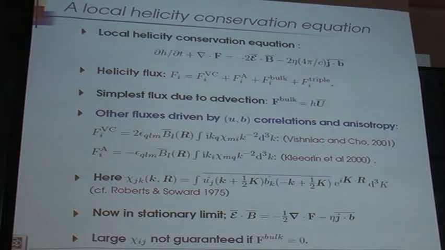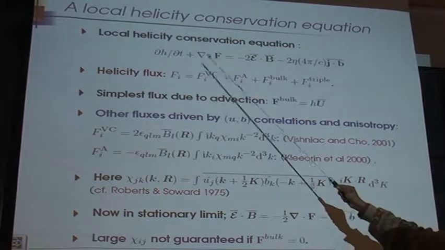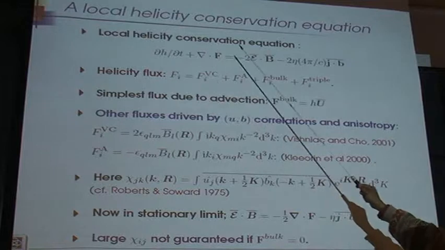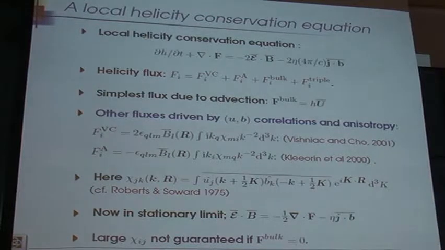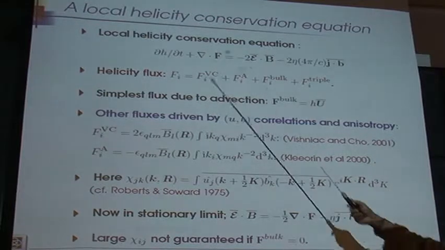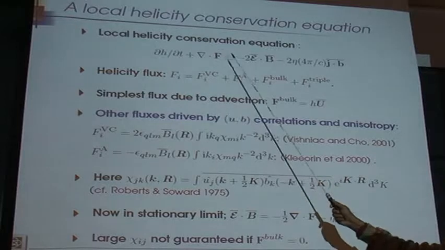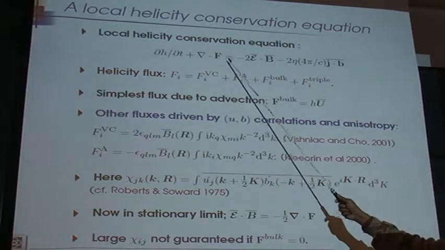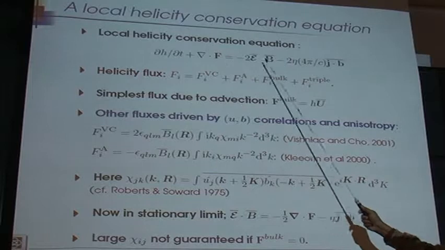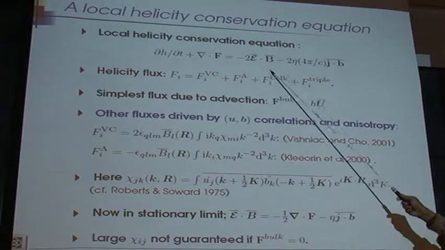So if you put everything together, at the leading order, you get a local helicity conservation equation where the density of helicity, d rho by dt, plus the divergence of a flux goes as the volume generation.